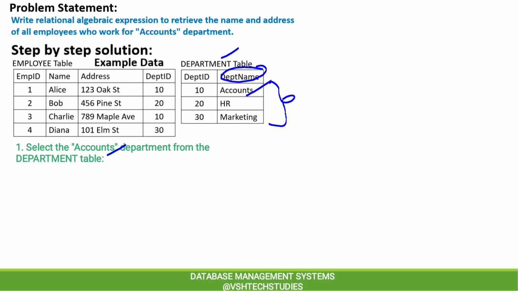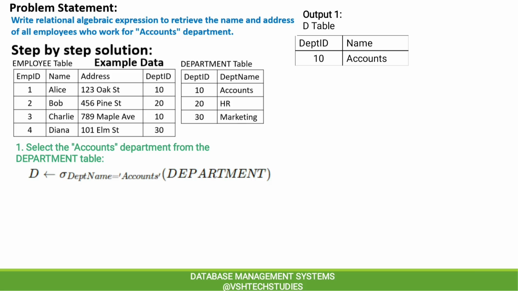That is why we'll have to write the select operation related relational algebraic expression. So when we do select operation on department table, to choose only those rows in which department name is accounts, so that relational algebraic expression is written here.